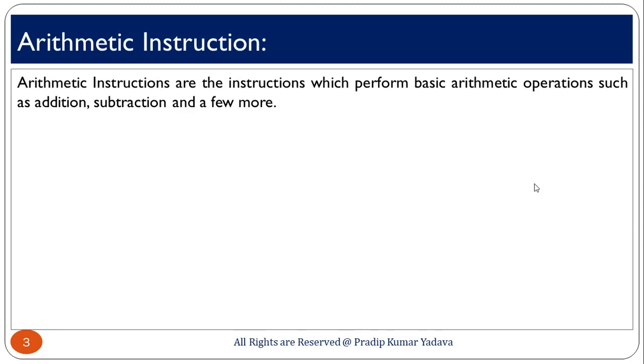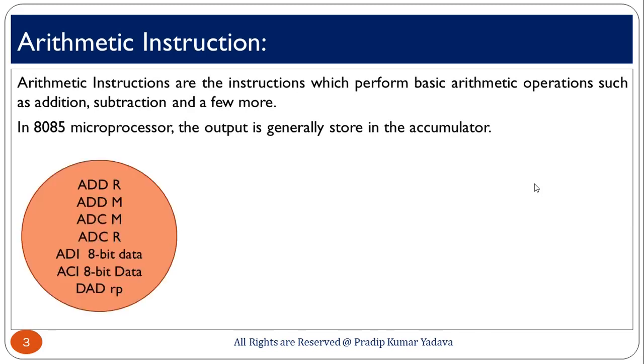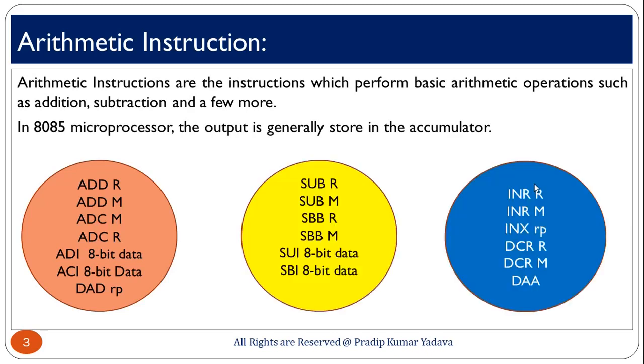Also you can take the example of multiplication, division, increment, decrement, hexadecimal to decimal conversion, because we have many instructions which are used in the 8085 microprocessor to perform arithmetic operations. And as we discussed many times, whatever operation you perform in the microprocessor, the output will be stored in the accumulator. Here is the list of some arithmetic instructions.